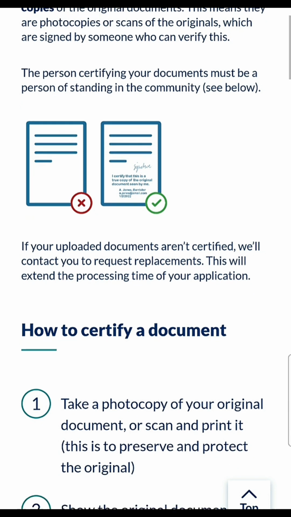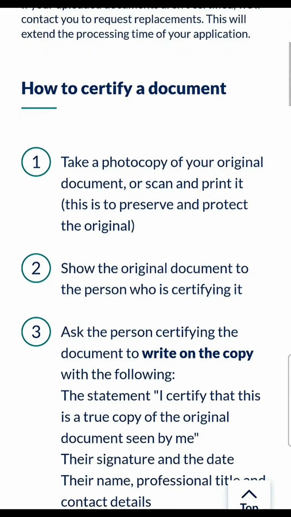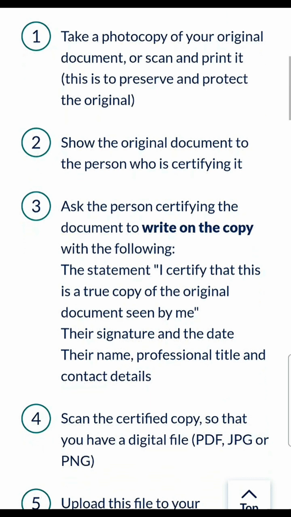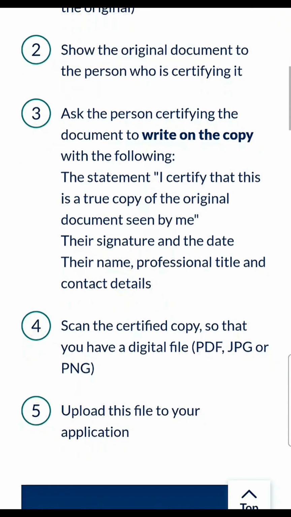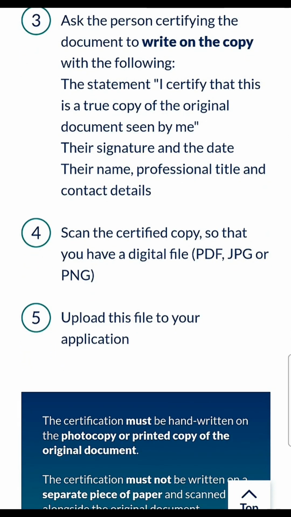Make photocopies of all the documents. Then you show the original to the person who is certifying your document. Then you ask the person certifying to write on the copy, that's the photocopied one, I certify that this is a true copy of the original document seen by me.